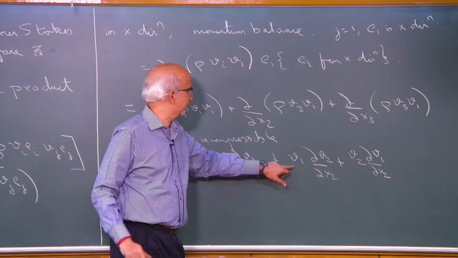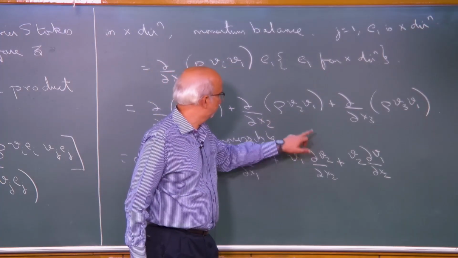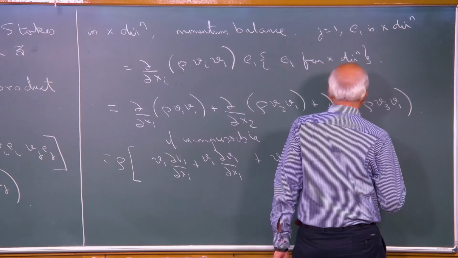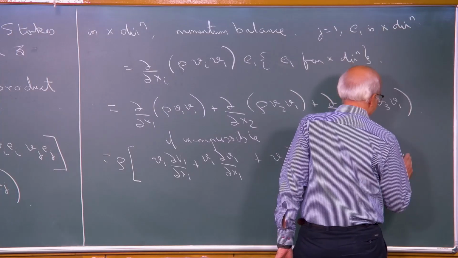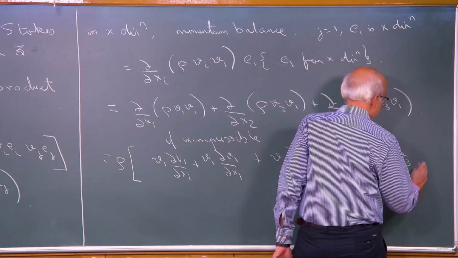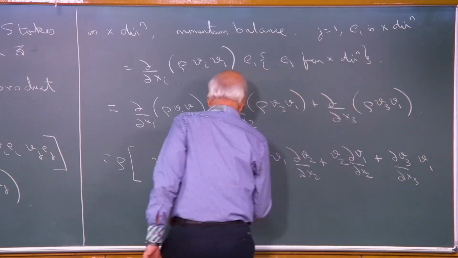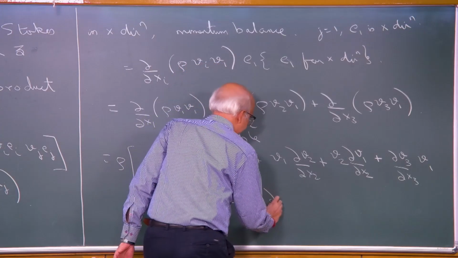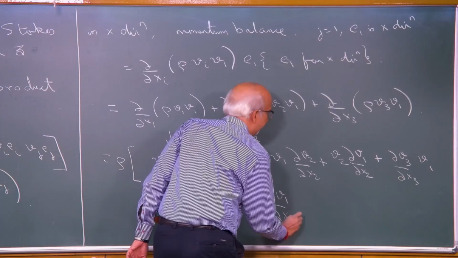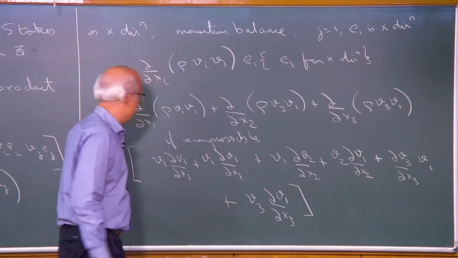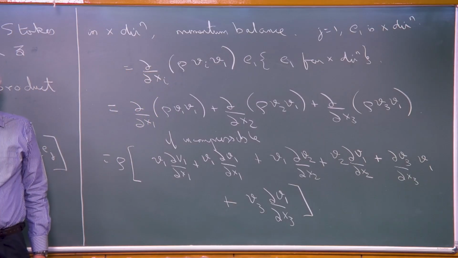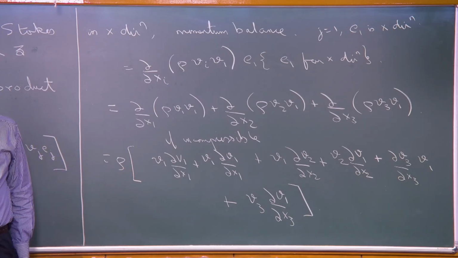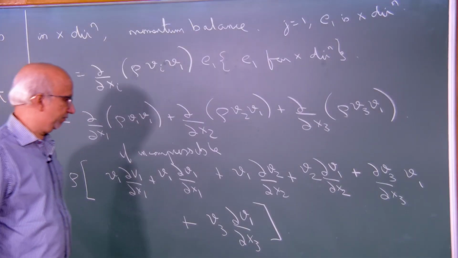Again product rule of differentiation, okay, plus again product rule of differentiation: dv3 by dx3 times v1 plus v3 times dv1 by dx3. Okay. I have just expanded the term. So, this is basically going to be the term which corresponds to the divergence of rho v v.